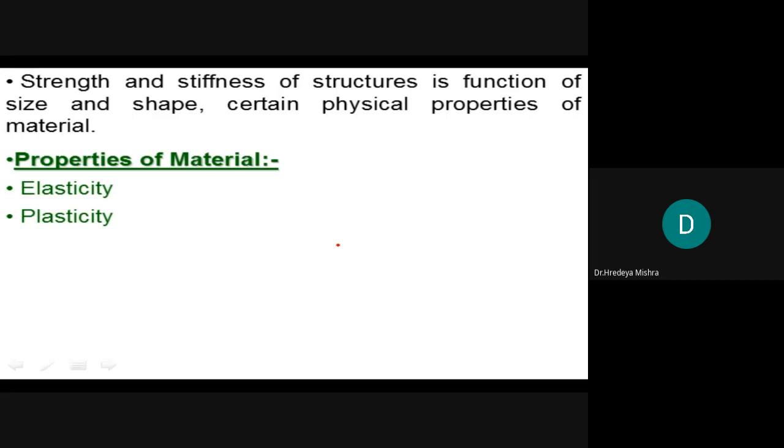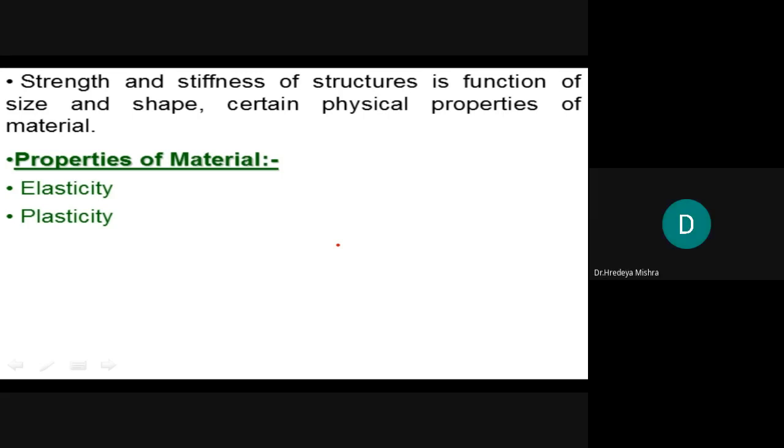Next is plasticity. You can define. Any students? Ability of a material to undergo permanent deformation. Yeah, permanent deformation.